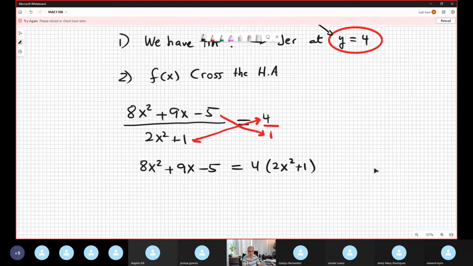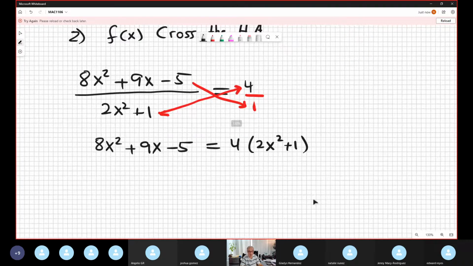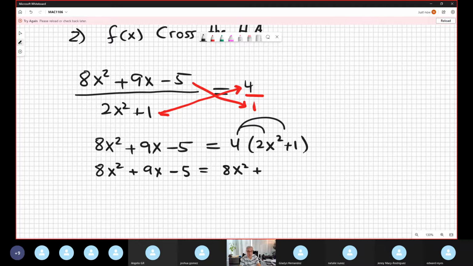And you solve this equation, which looks like, I don't know if it's true or not, a quadratic equation. I apply distributing, 8x squared plus 4... oh no, it's not quadratic, because I see that this term and this term cancel out. So we have a linear equation. This linear equation means that it touches or crosses in only 1 point, not 2.